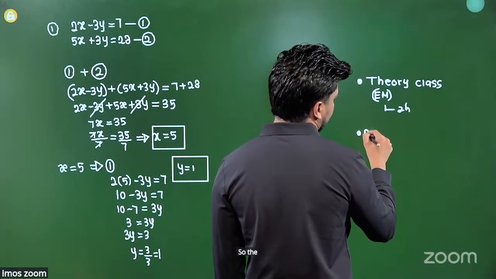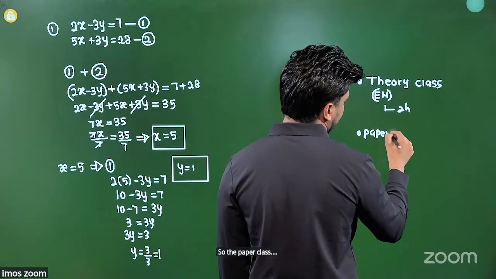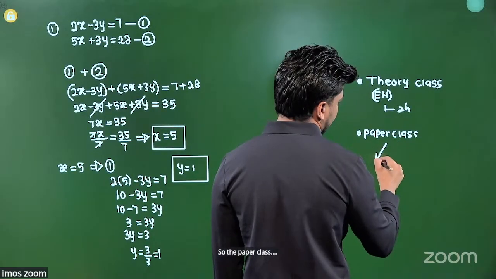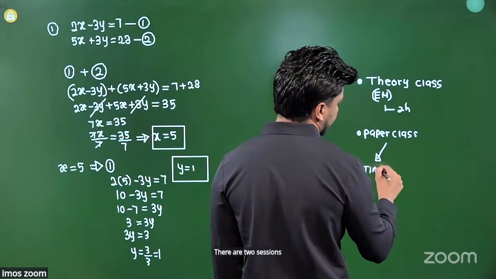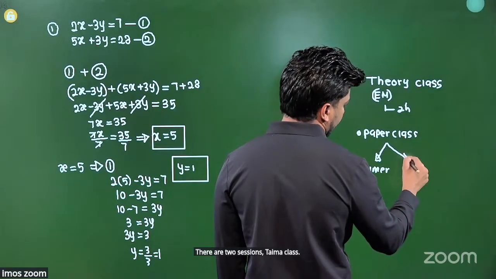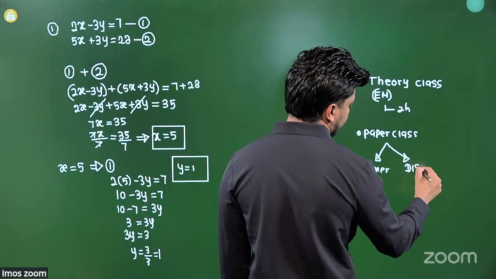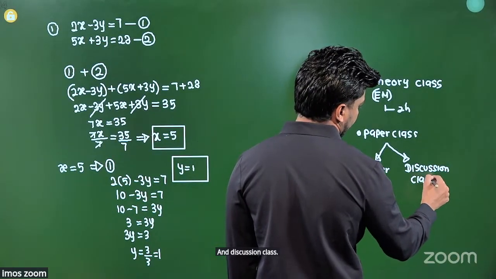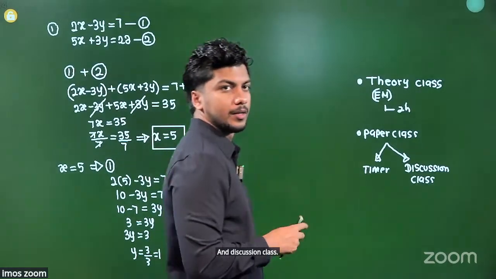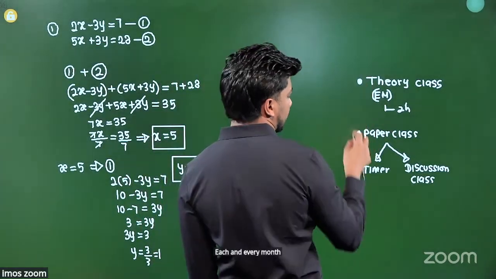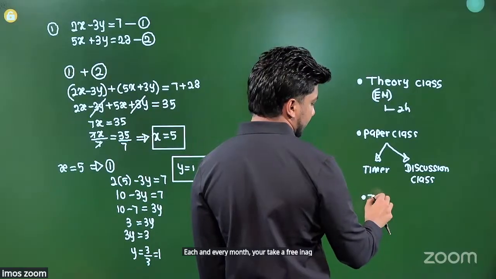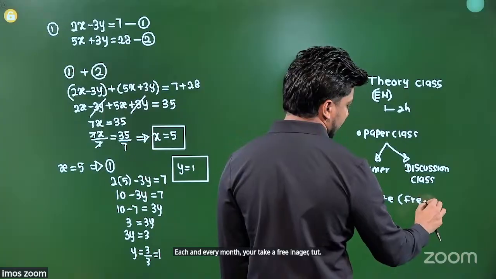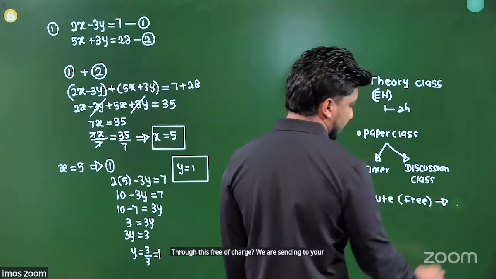The paper class has 2 sessions, the timer class and the discussion class. Each and every month, your tute is free. Tute is free of charge. We are sending it to your home each and every month.